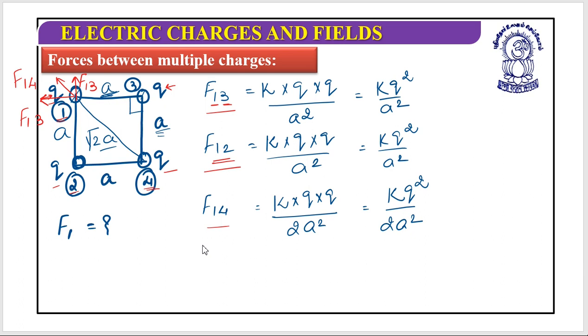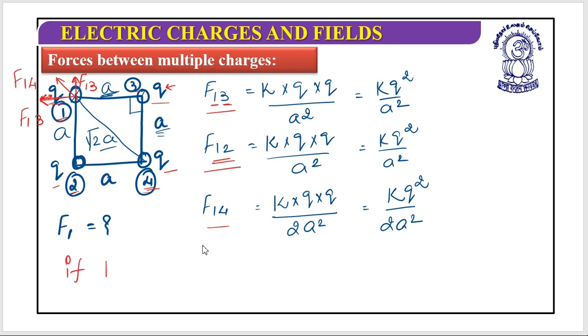If two charges are of the same nature, they will repel each other. If two charges are of opposite nature, they will attract each other. Here every charge is of the same nature, q, q, q, q, so they will repel. Due to 3 it will move away, due to 2 it will move away, due to 4 it will move away.